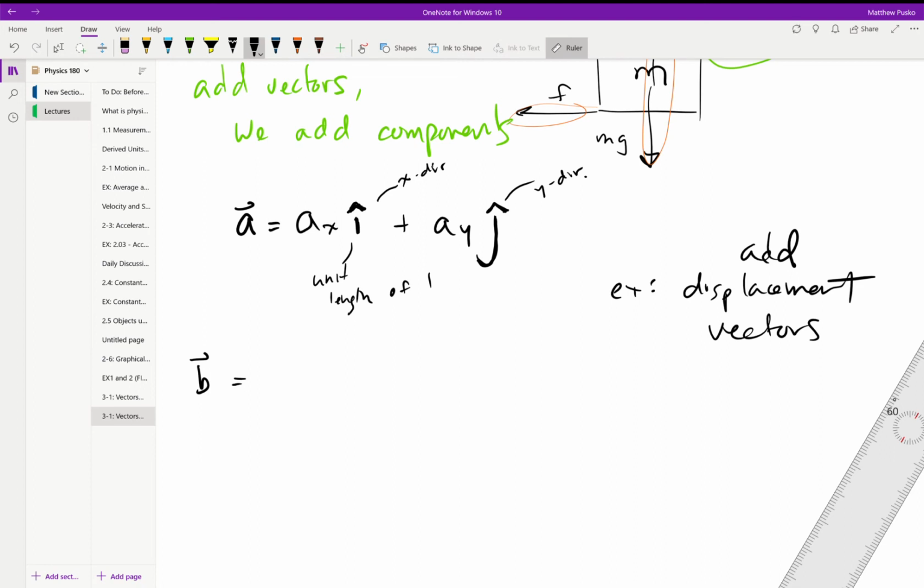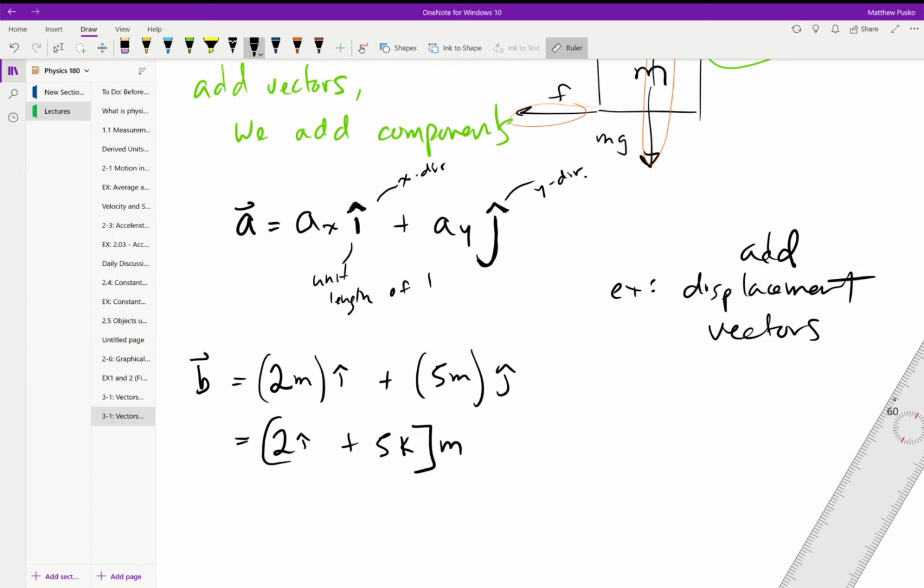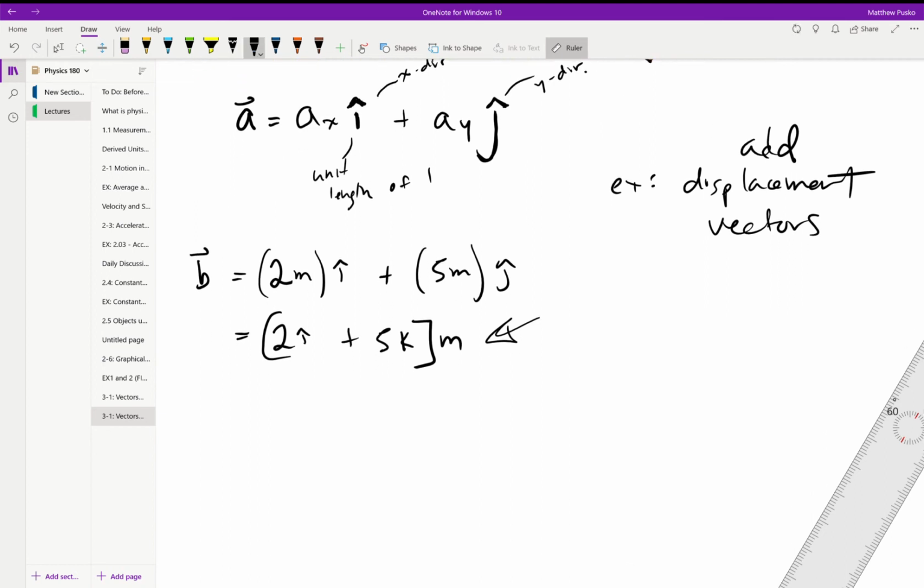B is given to us as maybe 2 meters in the i direction and 5 meters in the j direction. This could also be written as 2i plus 5k, all in meters. This is probably more common. Either way is perfectly fine though.